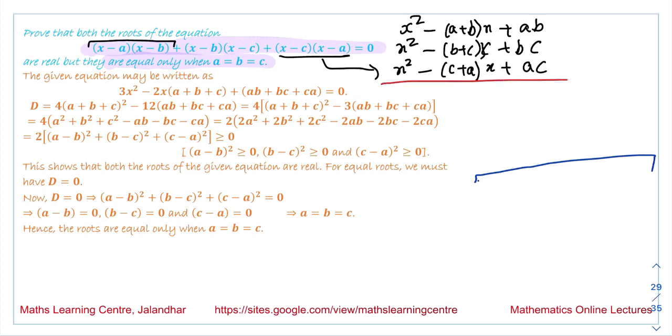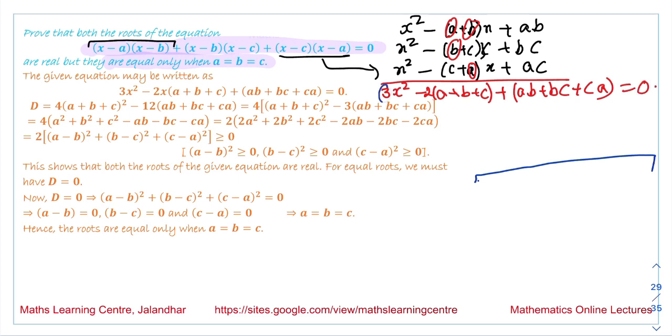If we add all these terms, we get 3x square minus 2 common, a is 2 times, b is 2 times, so it is (a plus b plus c)x plus ab plus bc plus ca, and this is equal to 0.